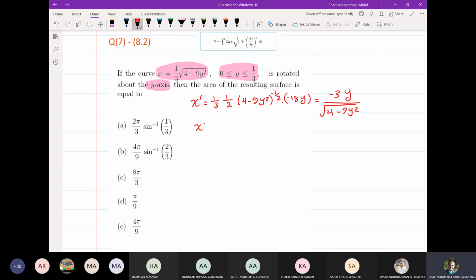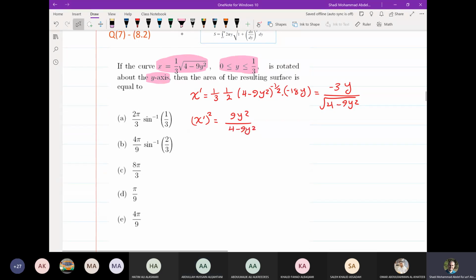Now, x prime squared will be what? 9y squared, and the root will be simplified. Exactly. And if I want to go to the question, what is the surface area? Okay, let me change the color. I will use this one here. So S will be what?